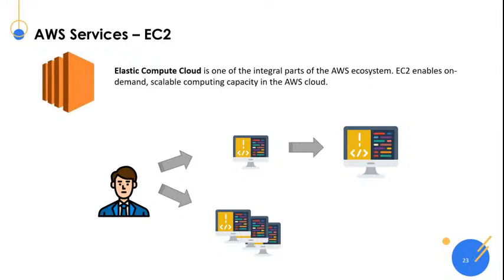Elastic Compute Cloud is nothing but a raw server. It's just like a fresh computer that AWS gives to you. What you basically do is you specify the kind of processor that you want, then you specify the kind of RAM that you want, and then you click on launch.